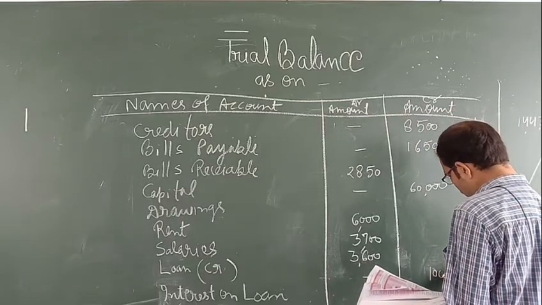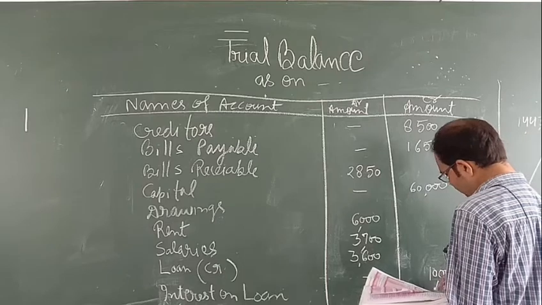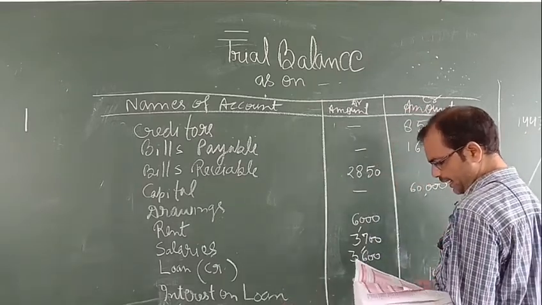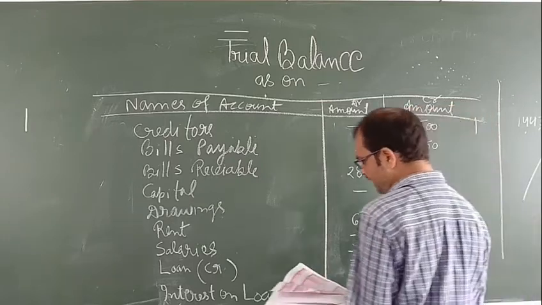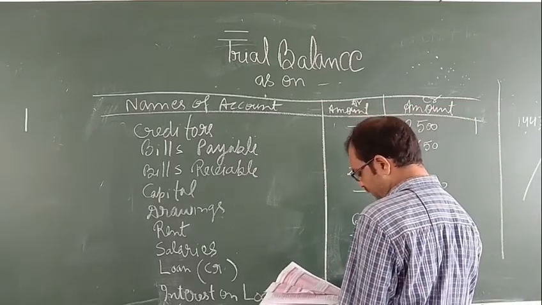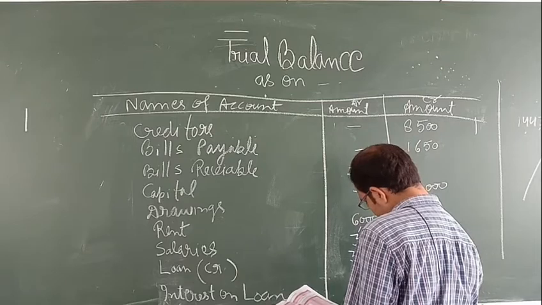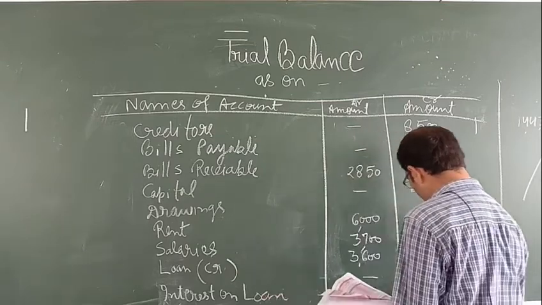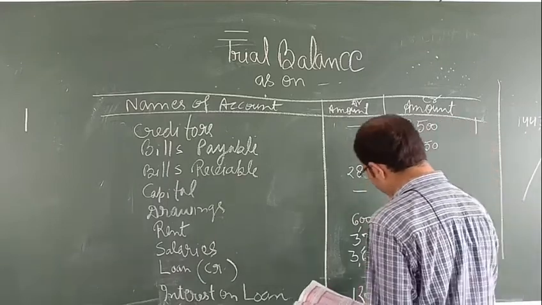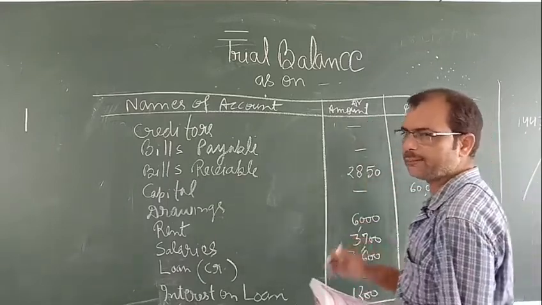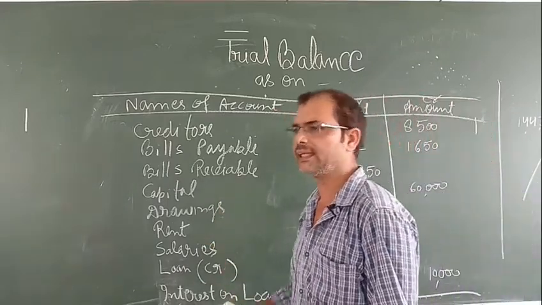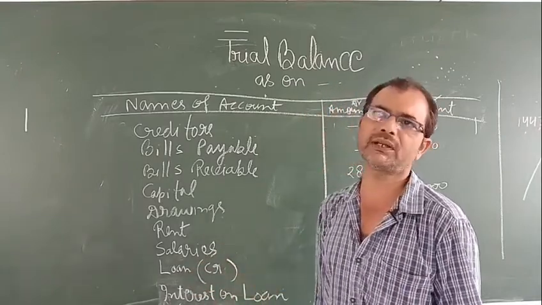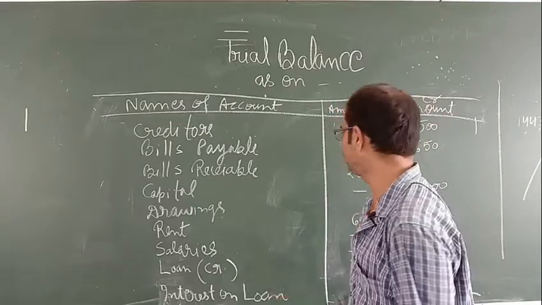We have taken the loan for the firm, so it is a liability. And interest on loan, we pay the interest on loan, it's a kind of expense. 1,200. After doing all this, we will add both sides, and both sides will have the same balance. If both sides have the same balance, our question is right, otherwise our question is wrong.